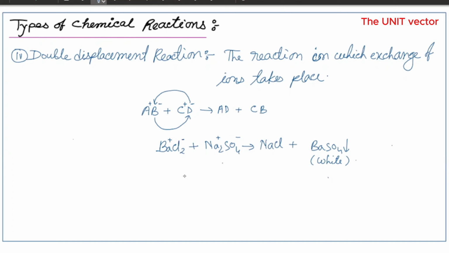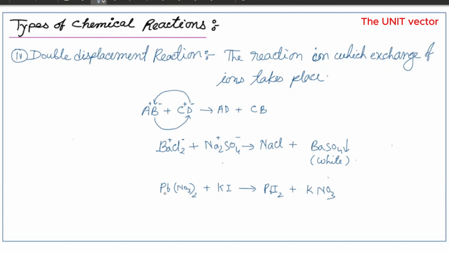And if we take another example, when lead nitrate, Pb(NO3)2, reacts with potassium iodide, that means KI, they exchange their ions, that means lead iodide will be formed, and also potassium nitrate will be formed.